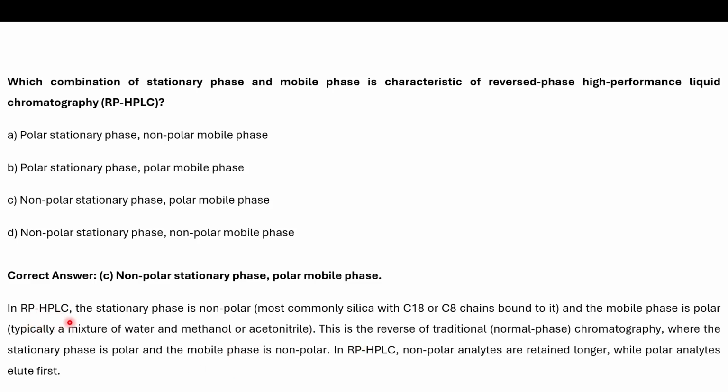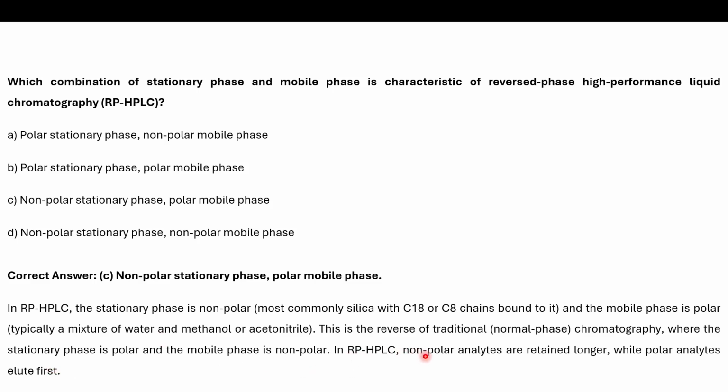But in RP-HPLC, the stationary phase is non-polar, most commonly silica with C18 or C8 residues, long hydrocarbon chains bound to it, and the mobile phase is polar, typically a mixture of water and methanol or acetonitrile. This is the opposite of traditional chromatography.